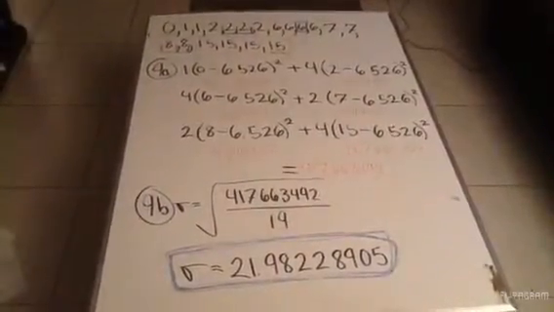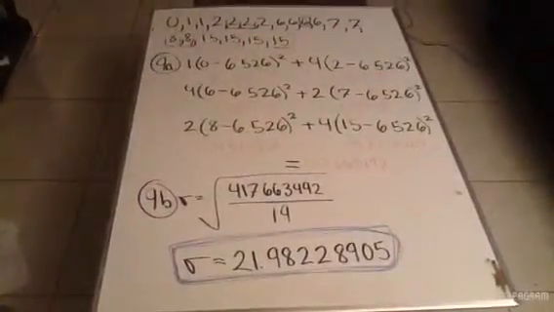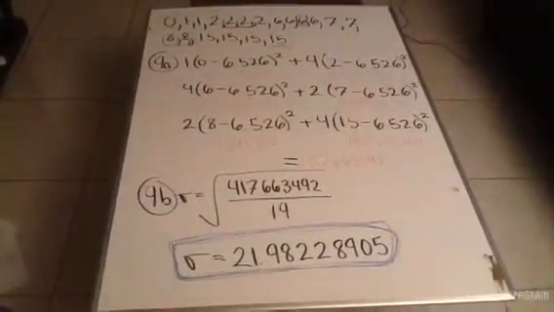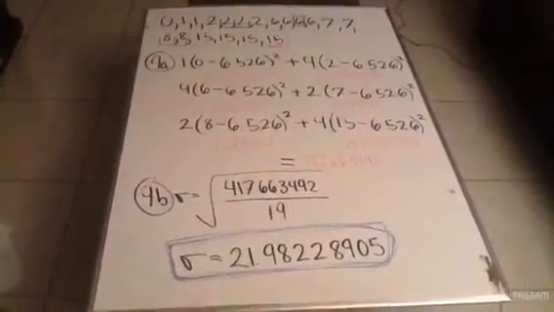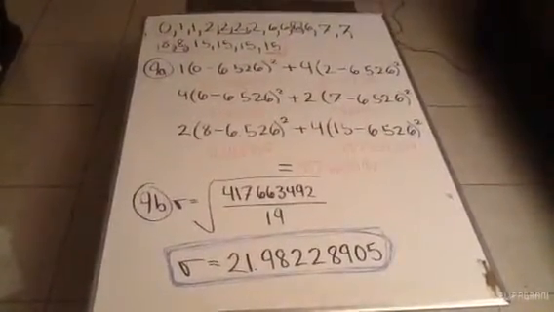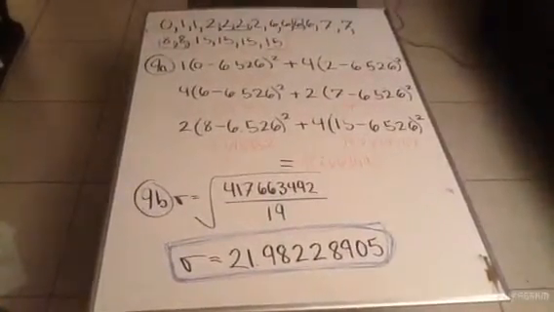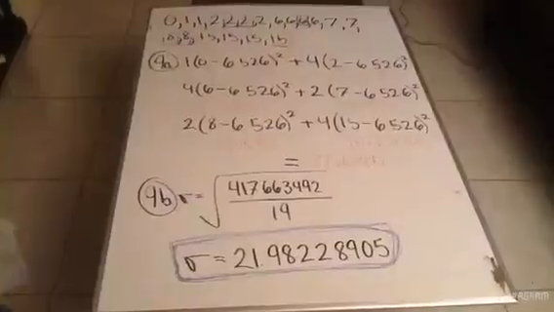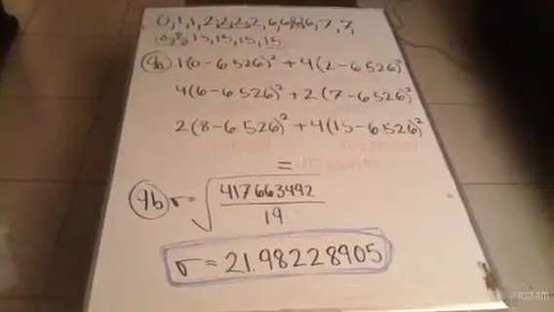Once we do that for all those steps, we square root it with 417.663492 over 19. 19 is how many terms there were within the equation, and once you do that, then you square root it after you get divided by 19, and your answer is 21.98228905.